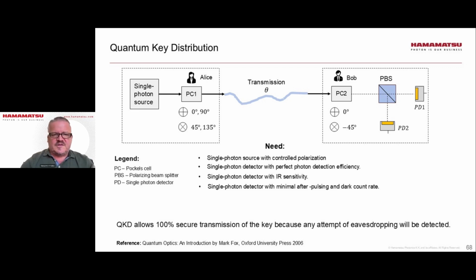To perform this quantum key distribution using the BB84 protocol, what you need is a single photon source and a single photon detector with properties such as negligible dark current and nearly perfect sensitivity. Such detectors almost exist, like nanowires and edge sensors.